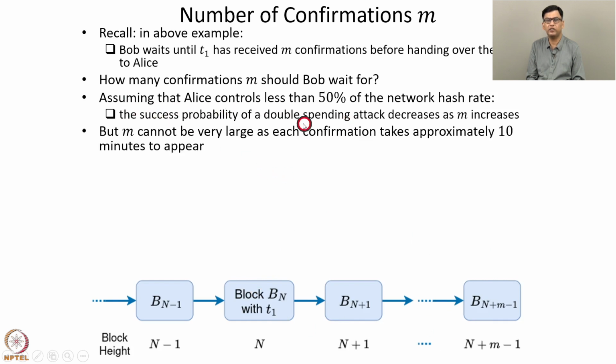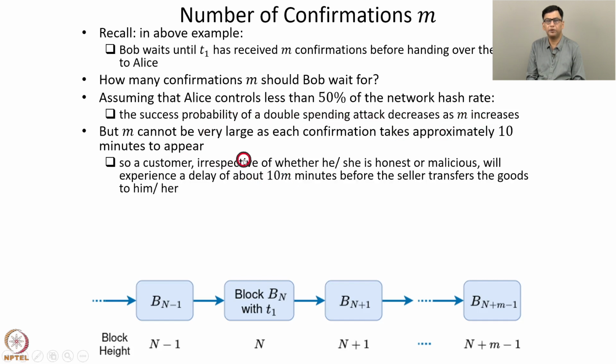But m cannot be very large, as each confirmation takes approximately 10 minutes to appear. So that's the trade-off. The success probability of a double spending attack decreases as m increases, so we would like to have a large m, but m cannot be very large, as each confirmation takes approximately 10 minutes to appear.